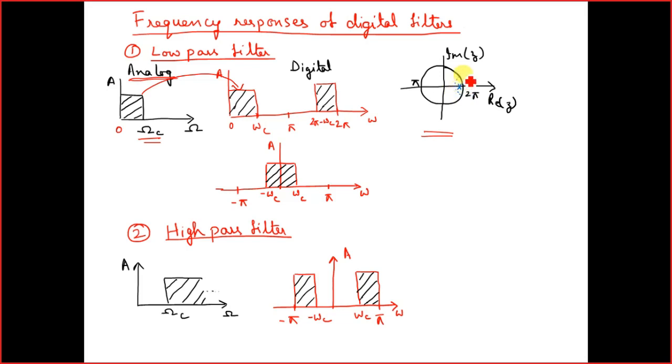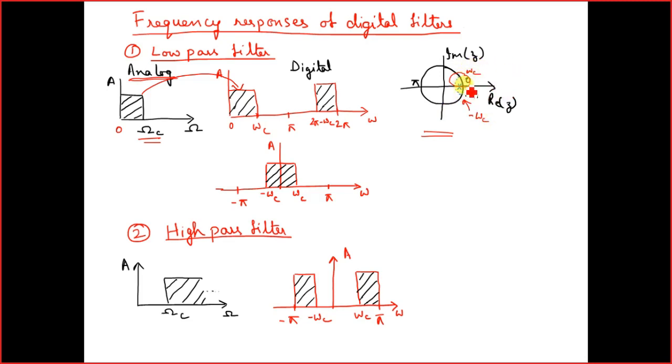Then I get the effect of this pole not only in the 0 to omega c frequency, but also on the negative side, in the clockwise direction, up to minus omega c.